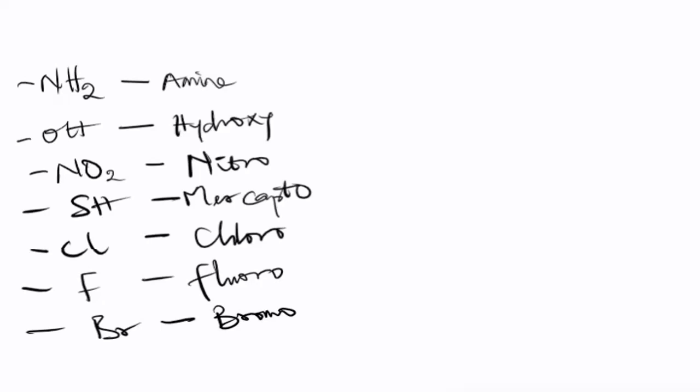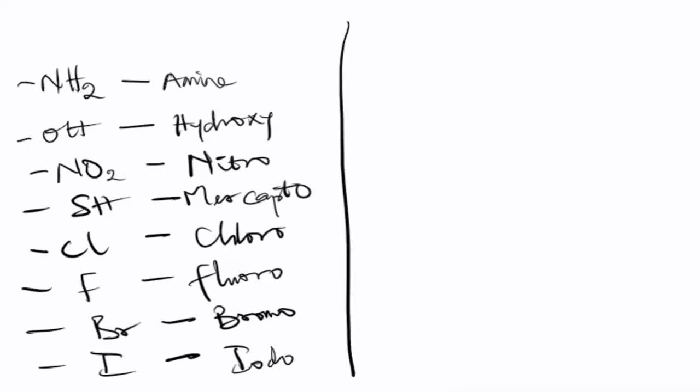The substituent I will be named as iodo. The substituent C6H5 will be named as phenyl.